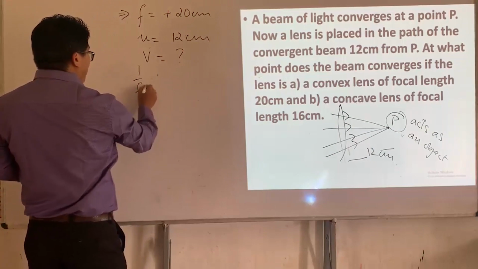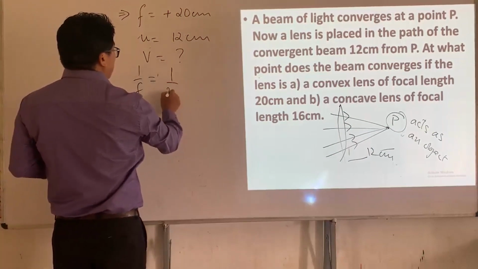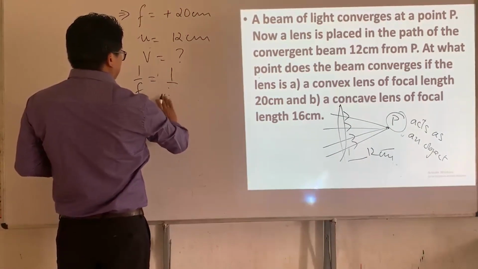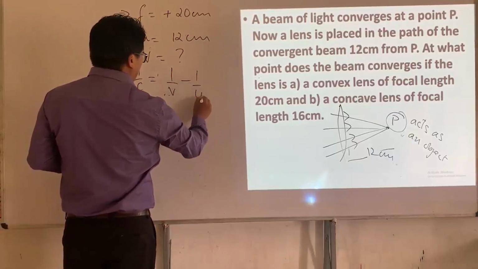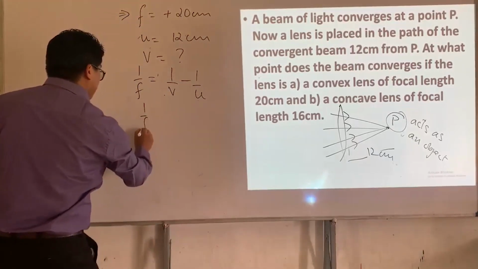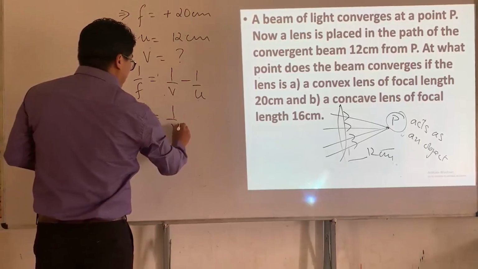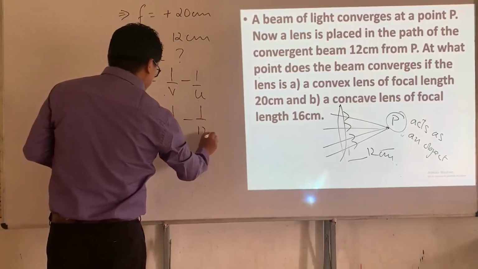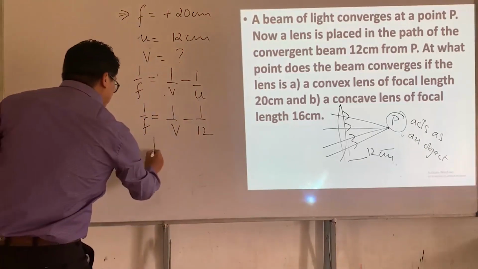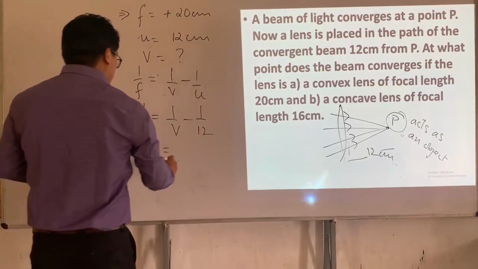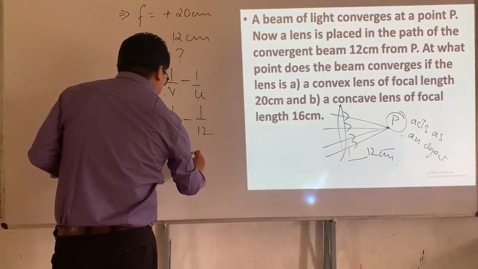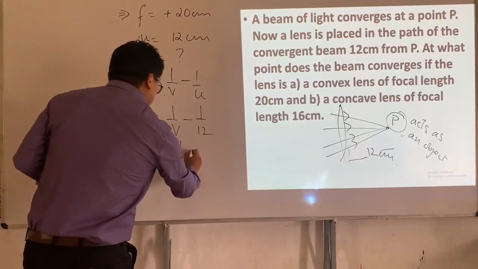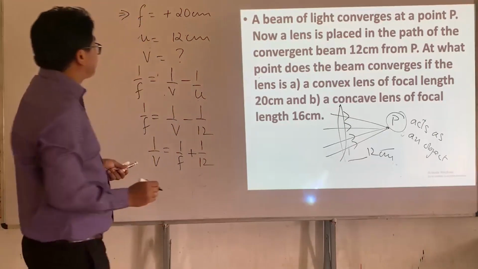So therefore, 1 by F is equal to 1 by V minus 1 by U. Alright. What is V? To find out V, what is U? U is 12 centimeter. V is equal to 1 by F plus 1 by 12.